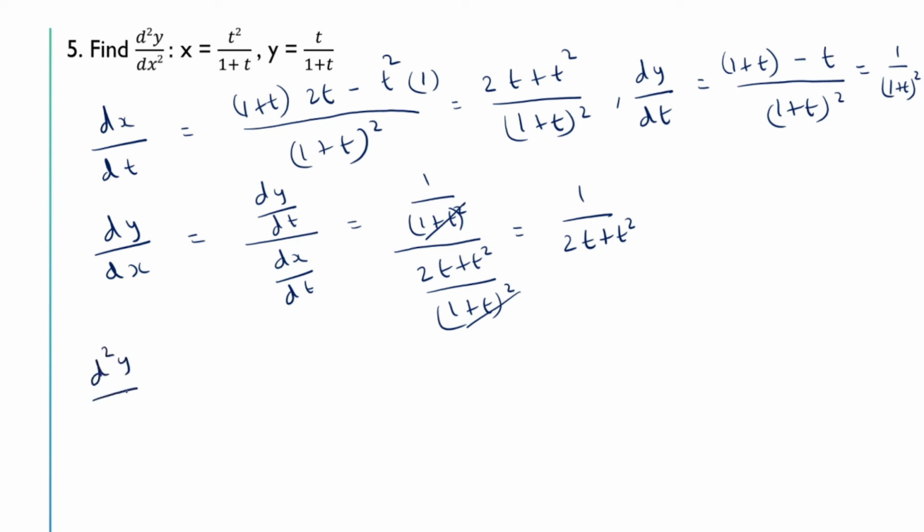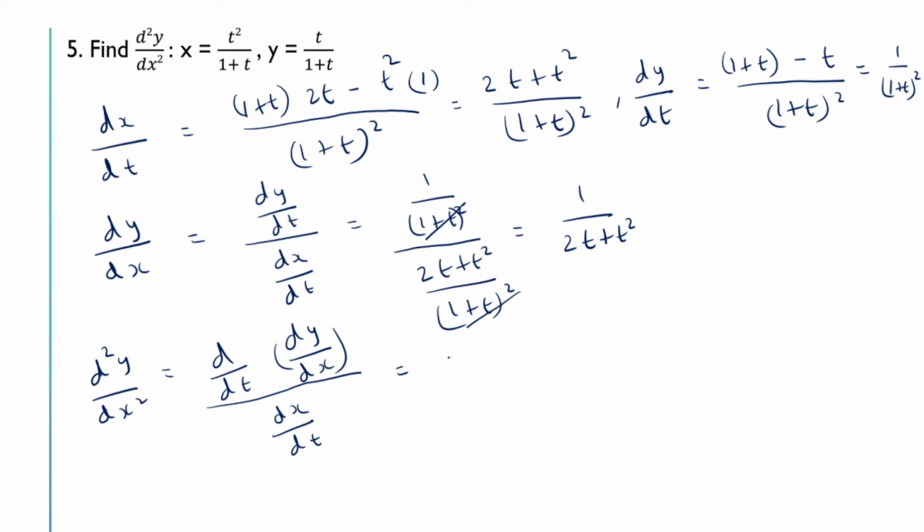Now d square y by dx square is equal to d by dt of dy by dx. You have to differentiate dy by dx with respect to t, the whole divided by dx by dt. Here it is 2t plus t square, the whole raised to minus 1.